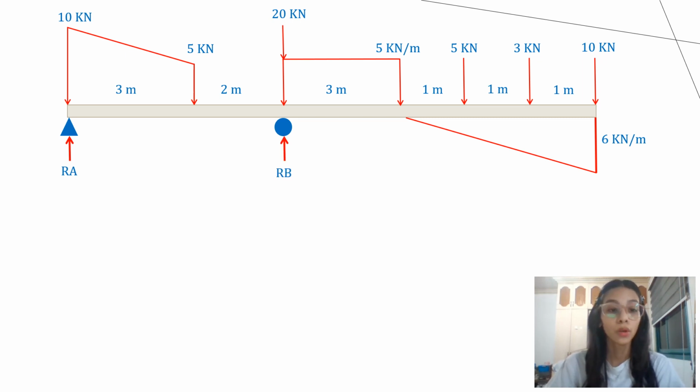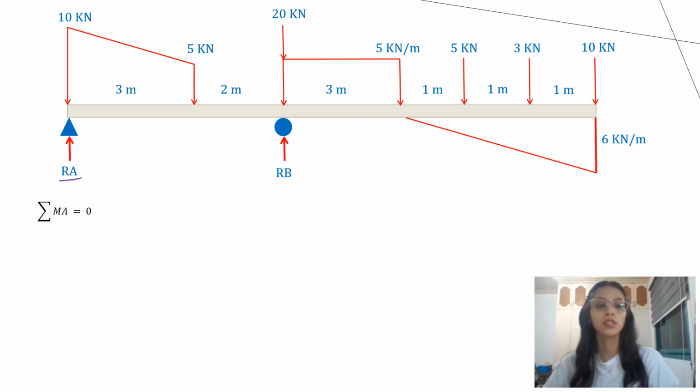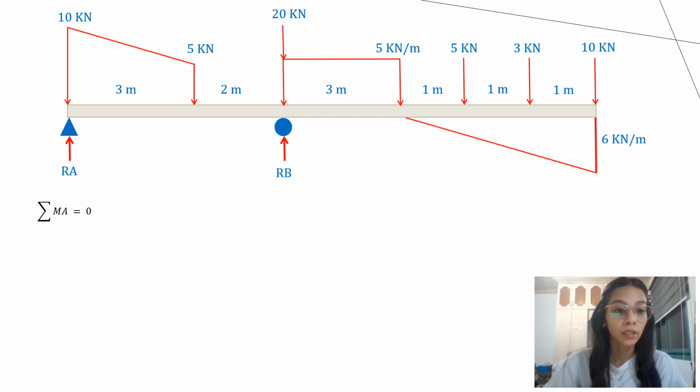So the next step is we're going to take moments of all the loads. Since we're going to take moments at A, we first have to get the area of the load, which is the trapezoid. So we will divide it into 2, so this will become a triangle and a rectangle.